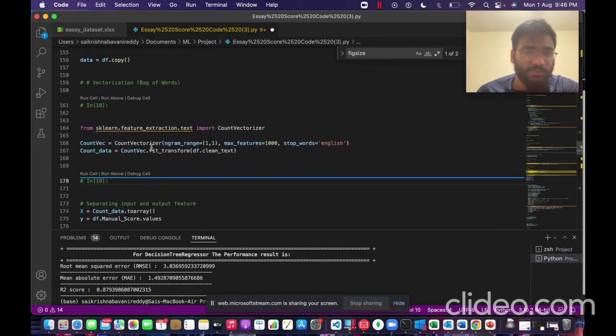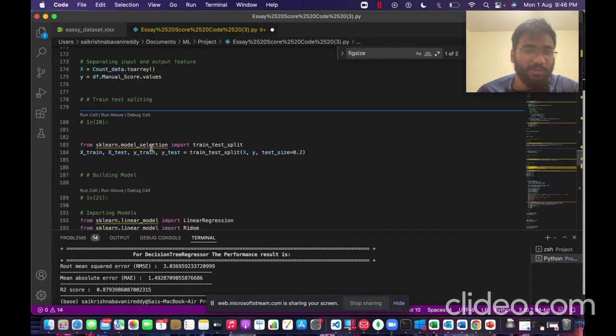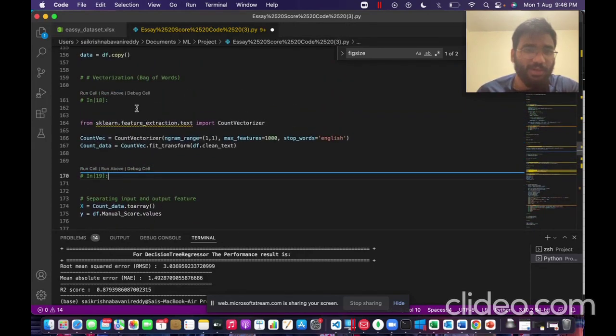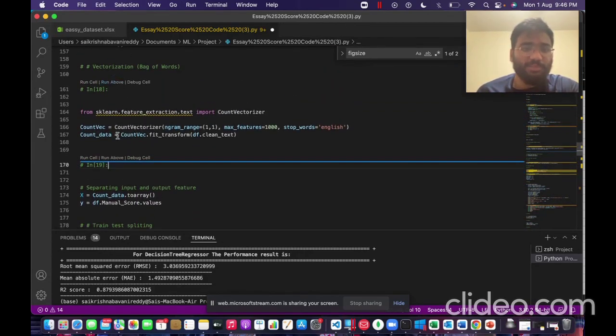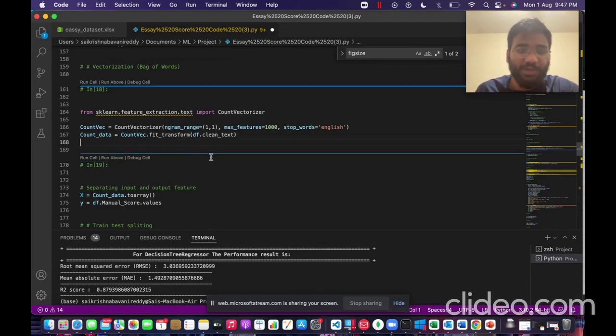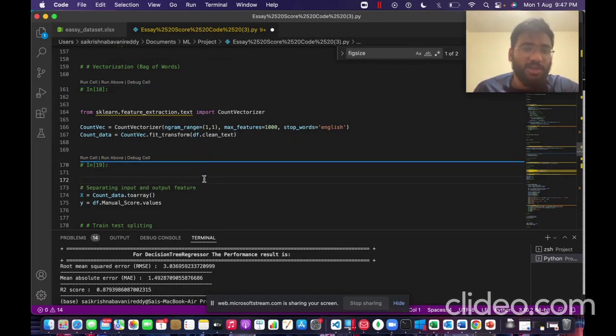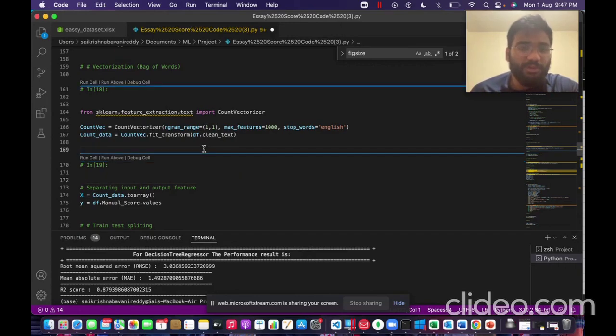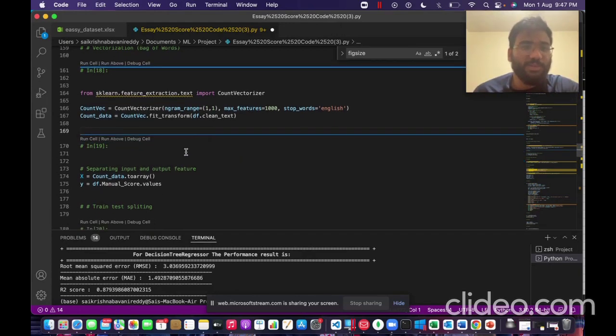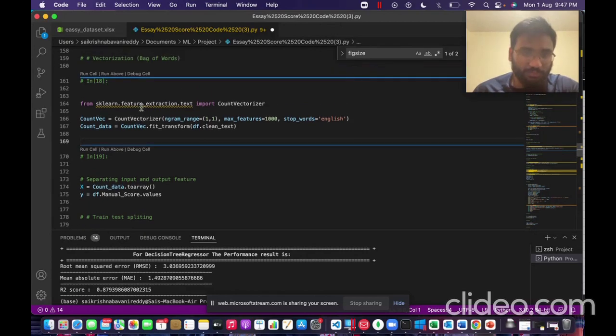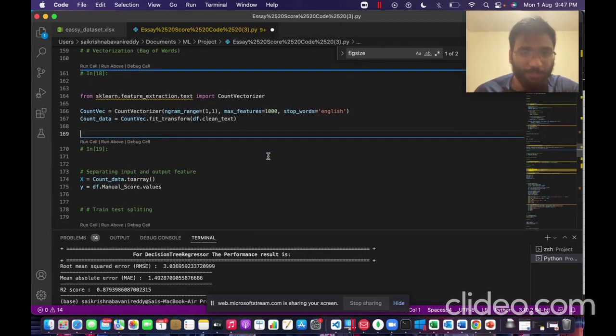So now after cleaning the data, I try to vectorize the data. Vectorization is nothing but converting all the textual data into numerical format, because machine learning models will not understand textual data. So we need to vectorize it to convert it into numerical data which can be understood by the machine learning models.